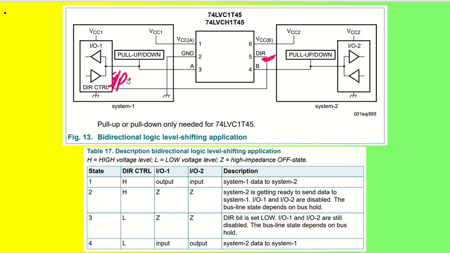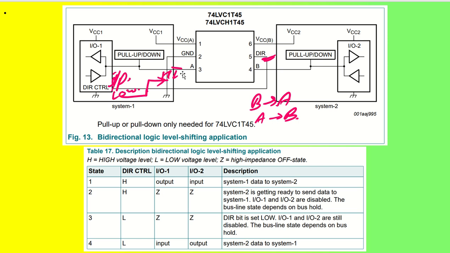Whenever it is set low, it will work from B to A, and whenever it goes high, it will start working from A to B. So first B is the input and A is the output, and similarly A will be input and B will be output.